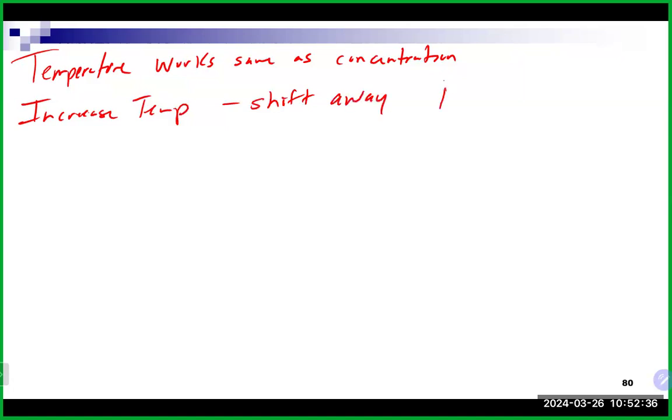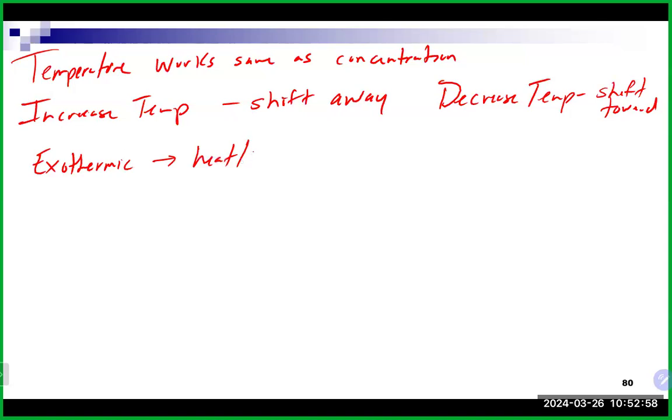And if you decrease the temperature, it will shift towards it. So how do we know which way is towards it and which way is away from it? It depends on the type of reaction you're dealing with. So if you're dealing with an exothermic reaction, that means that heat and energy is released.